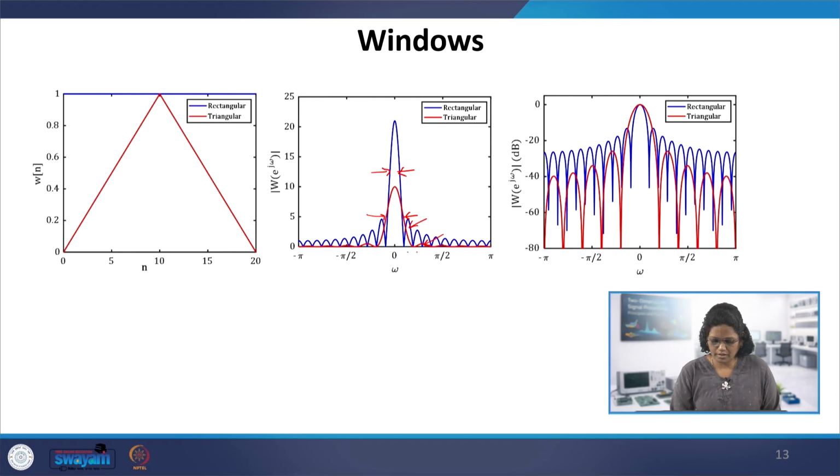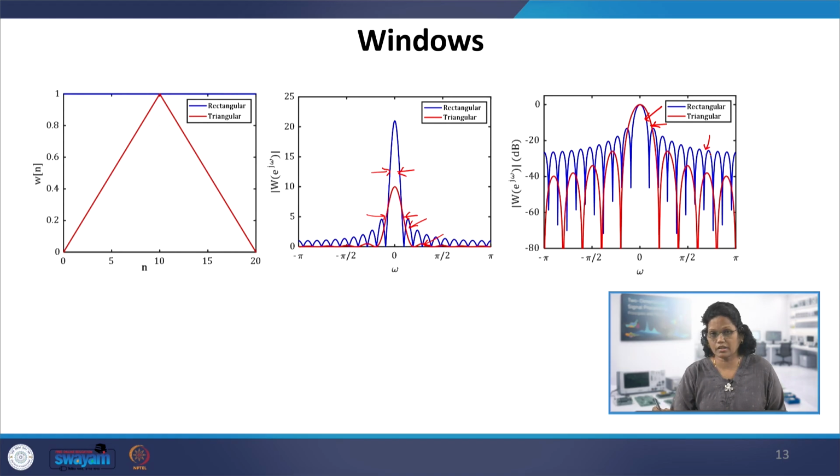This can be clearly seen by plotting 20 log of W of e power j omega, that is in dB, against omega. This is the rectangular window, the blue one, and the wider main lobe can be seen as we taper the window. Smoothening windows increases the main lobe width, but the reduction in side lobe levels can be seen.